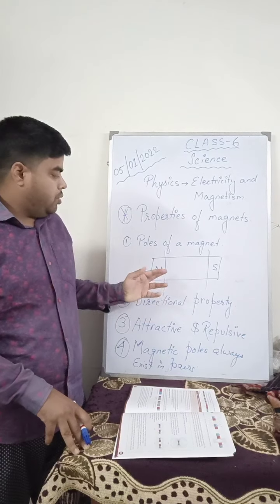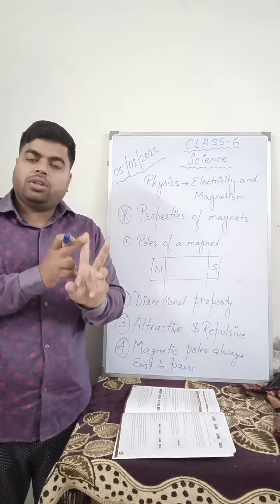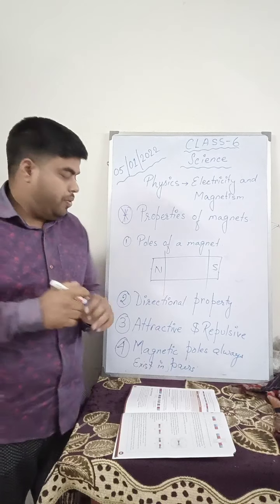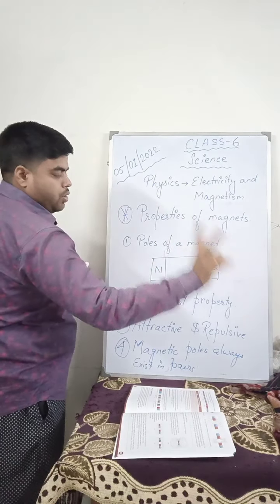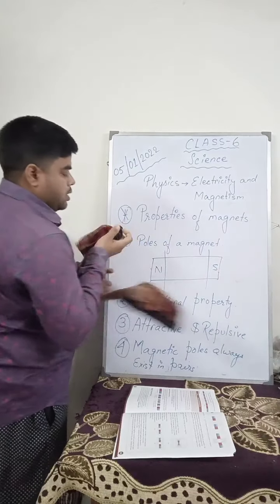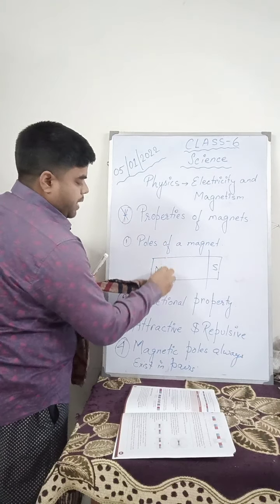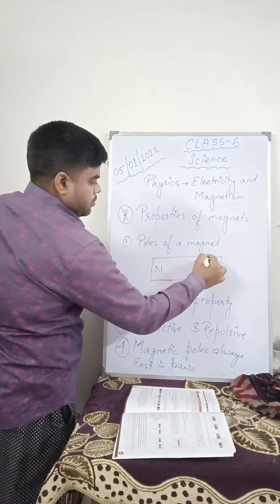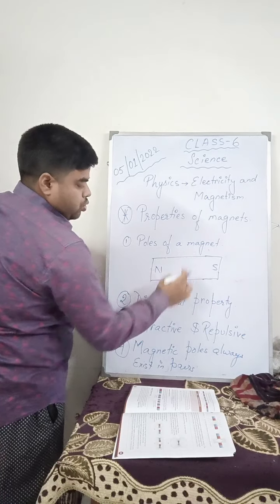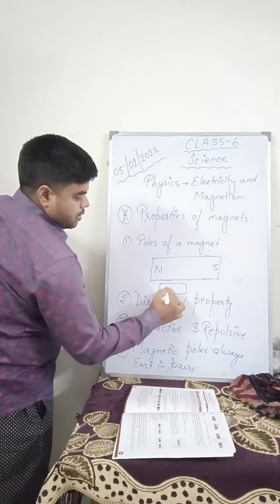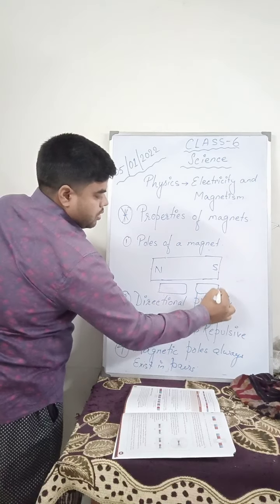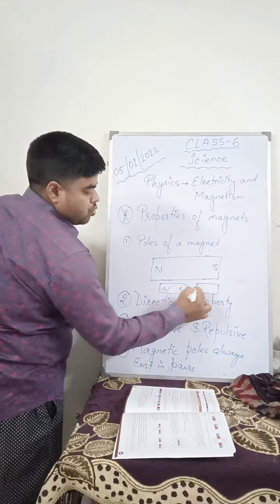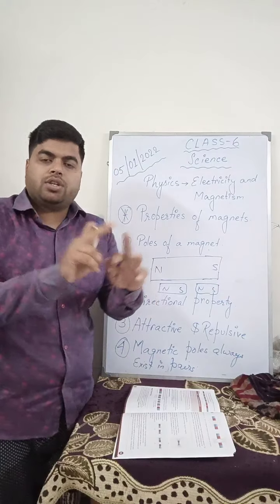So as I have told you, a magnet has both north as well as south pole. Now if you break this magnet into two pieces, it will still have two different poles at two ends.